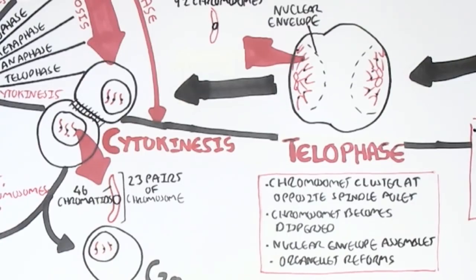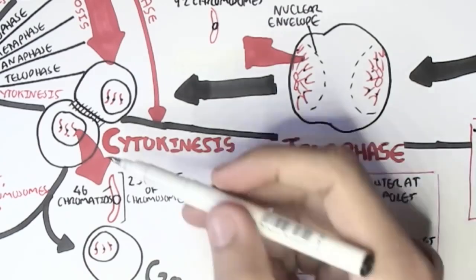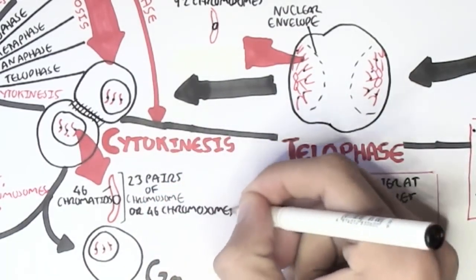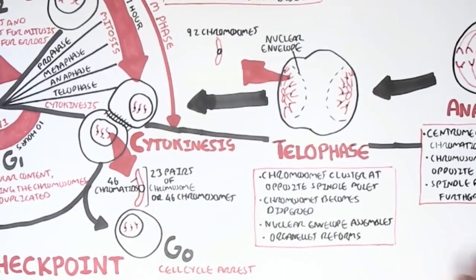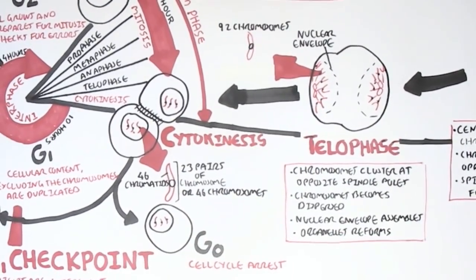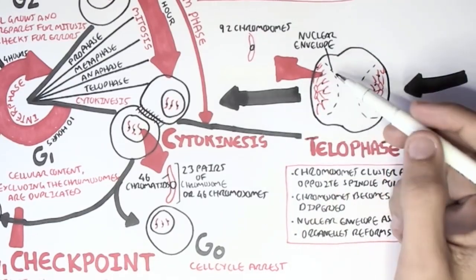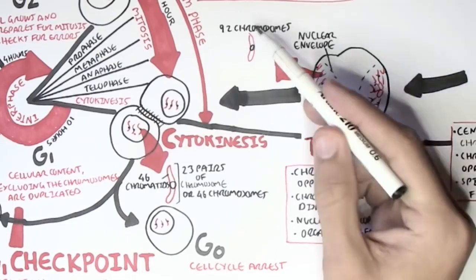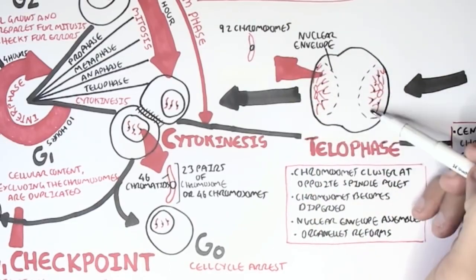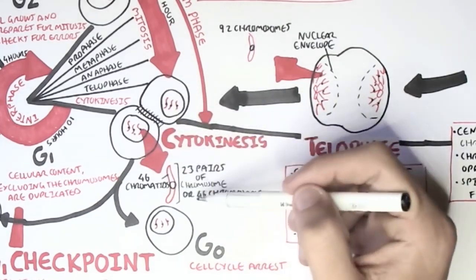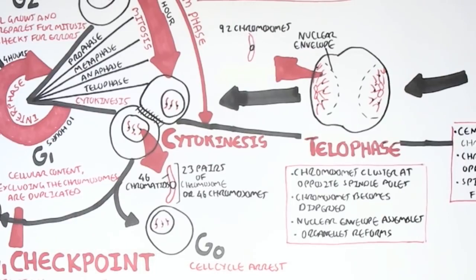Each of these daughter cells will have 46 chromosomes each, or 23 pairs of chromosomes each. And of course, 1 chromosome will have 1 chromatid, so it will have 46 chromatids. This is because, remember, the cell in telophase had 92 chromosomes. So if this cell with 92 chromosomes divides, it will have 46 in one daughter cell and another 46 in the other.